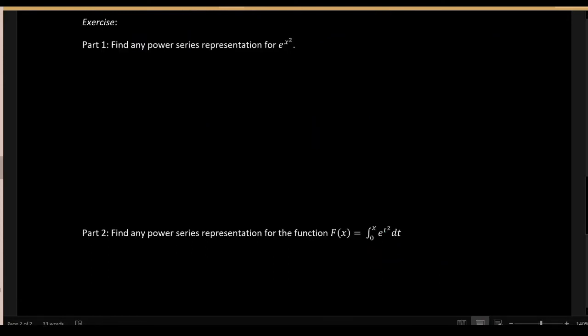To give you an idea of one of the useful applications of power series, let's consider the infamous e to the x squared. I say infamous because the antiderivative of e to the x squared cannot be expressed using any of the functions that we have studied up to this point.